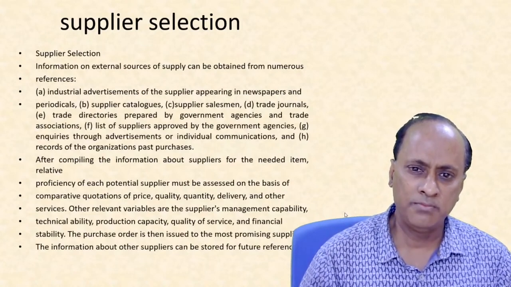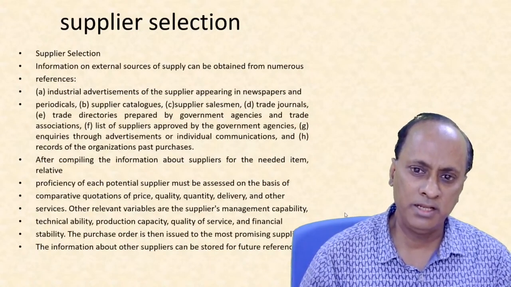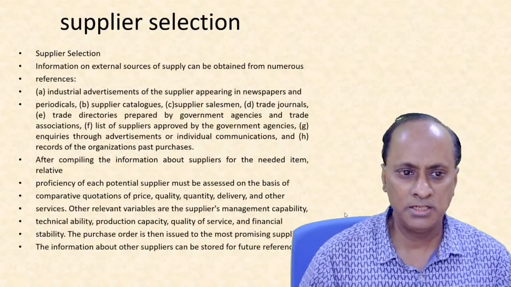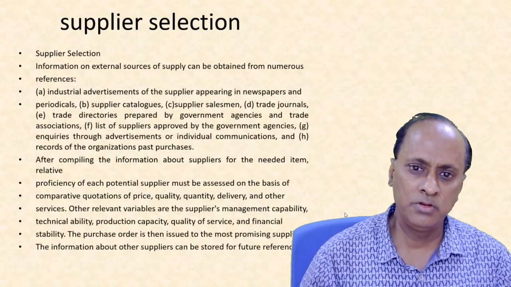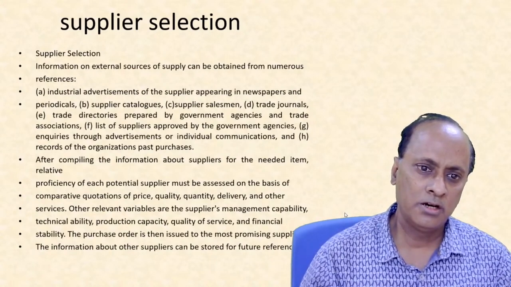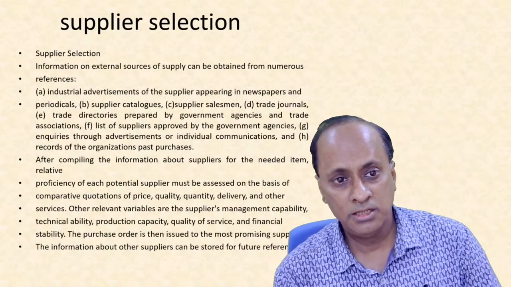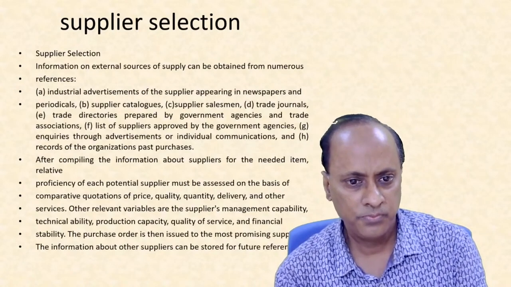Supplier salesmen, trade journals, trade directories prepared by government agencies, lists of suppliers approved by government agencies, inquiries through advertisement or individual communications, and lastly, records of the organization from past purchases. So A to H, these are the sources from which you can get information about the suppliers.